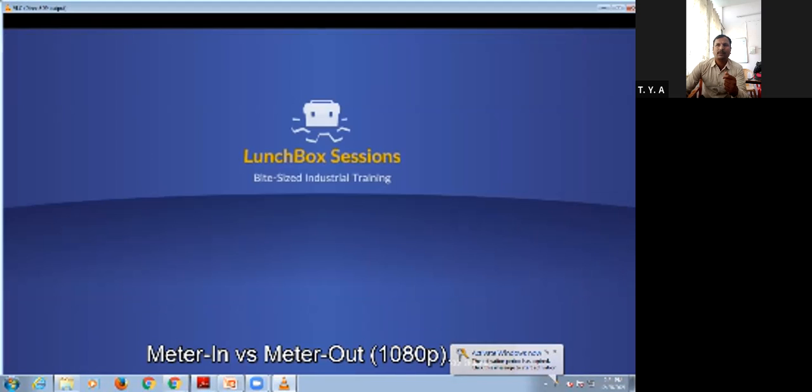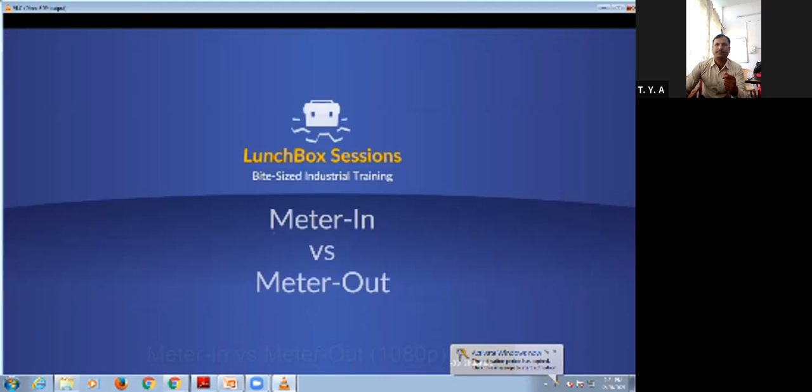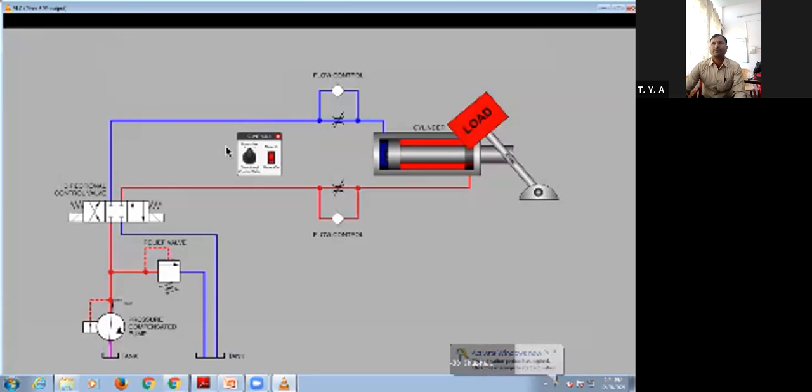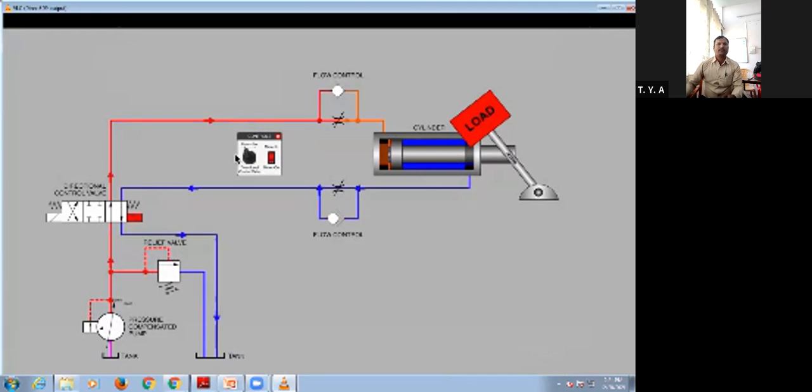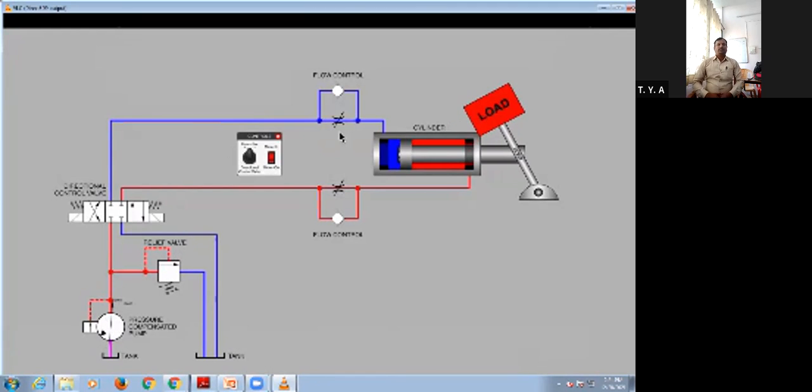Welcome to Lunchbox Sessions, bite-sized industrial training. Hello, this is Carl from LunchboxSessions.com. In this video, we'll cover the flow control and the concepts of meter in versus meter out. At its most basic level, a flow control, as used for controlling the speed of a hydraulic cylinder, is often nothing more than a variable orifice in the form of a needle valve, along with a return flow check valve.